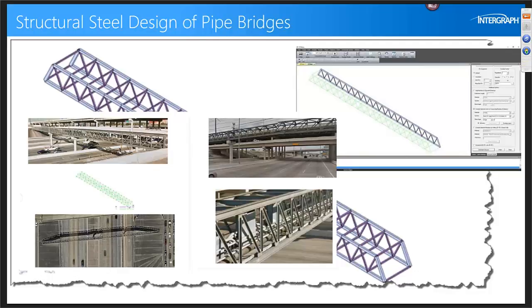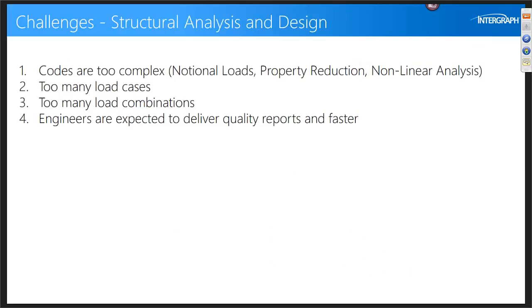Now, the challenges that we have seen designing these bridges is, first of all, it's a simple frame. But at the same time, we have to design this properly, okay? So with that comes the complexity that the codes bring in. So for example, if you're using the AISC 14th edition code, you have to do notional loads, you have to do property reduction, nonlinear analysis, then you have to go with ASCE 7, apply wind along X, wind along Z, wind along 45, same with seismic.